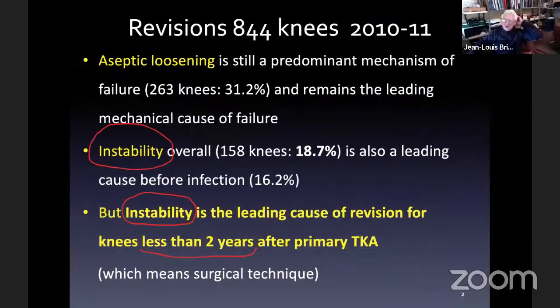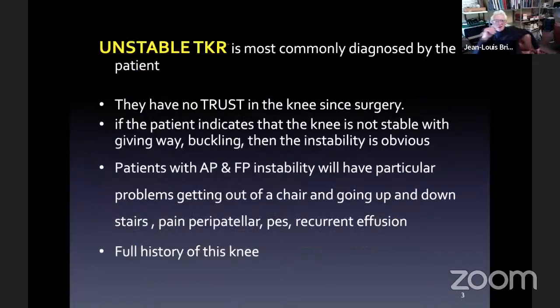We change. Okay, so revision of total knee, it's a big subject. Aseptic loosening is the most frequent cause, followed by infection, but instability is the third cause, and instability is the leading cause of revision less than 2 years after primary knee. An unstable knee is most commonly diagnosed by the patient.